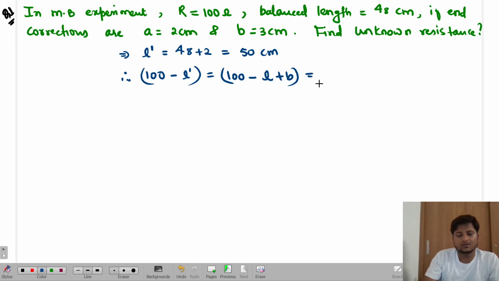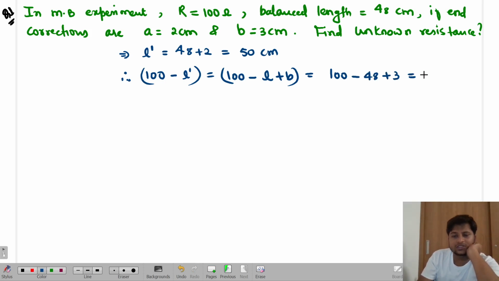So 100 minus 48 plus 3, so this is 55, isn't it?